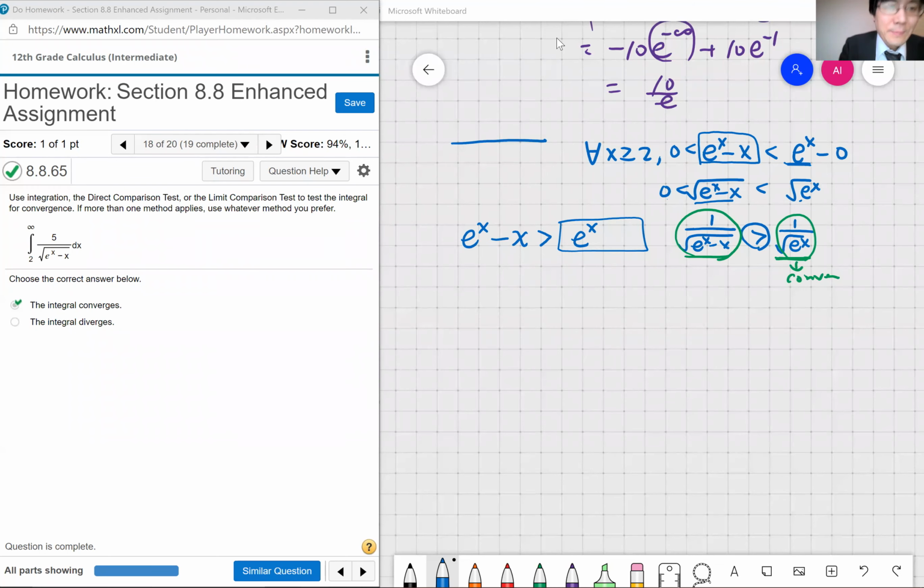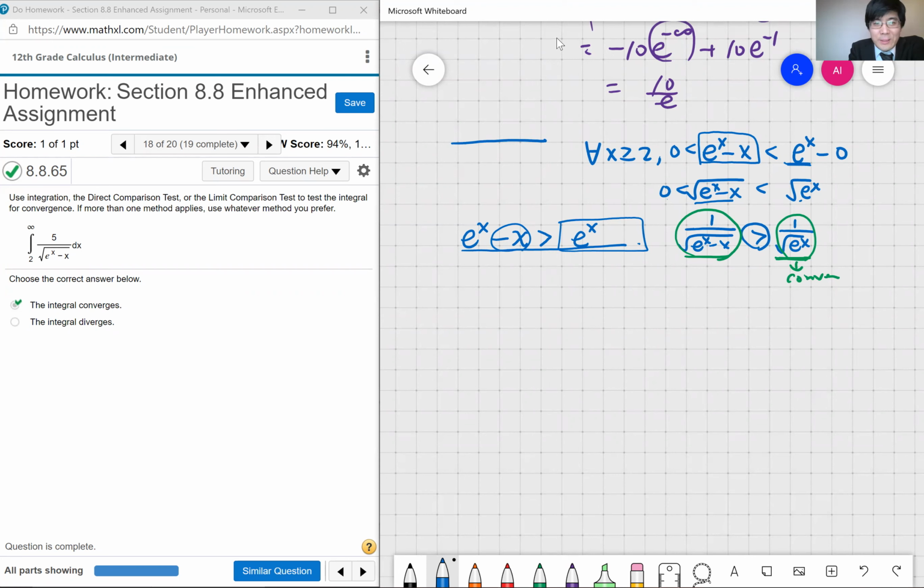Okay, so the direct comparison is not really effective in this case because this minus x is not easy to compare with. So let's use a ratio test.